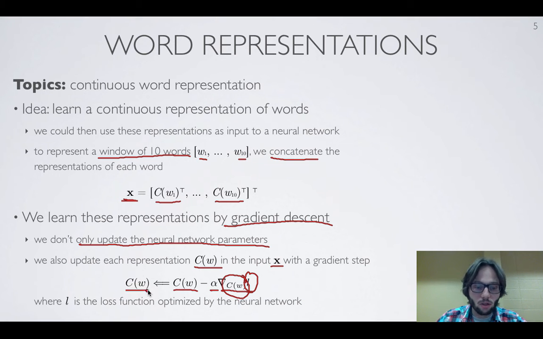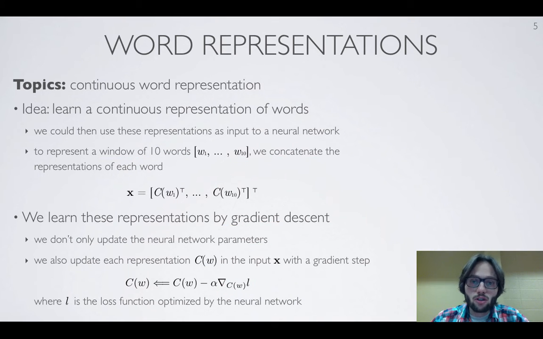And that will give us a new representation which we can use next time we use the word w as input to a neural net. And so instead of just doing stochastic gradient descent on the parameters of the neural network, the idea here is that to learn the word representations, we'll also do gradient descent on the word representations themselves.